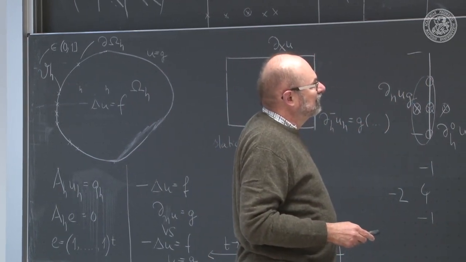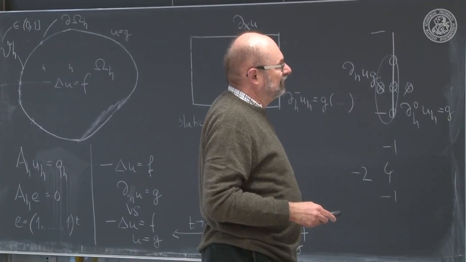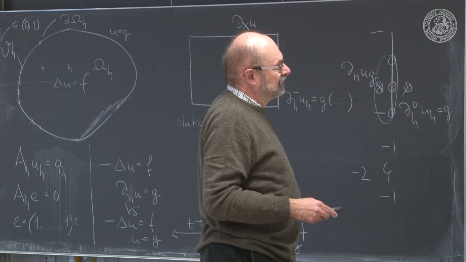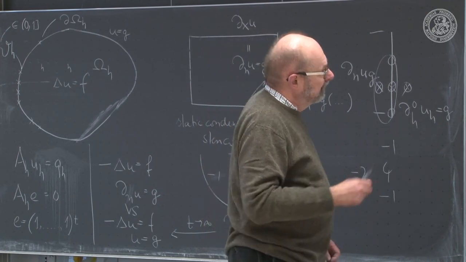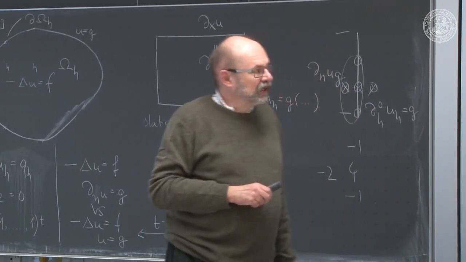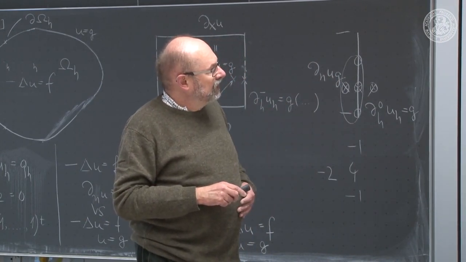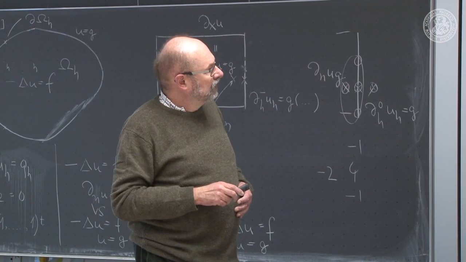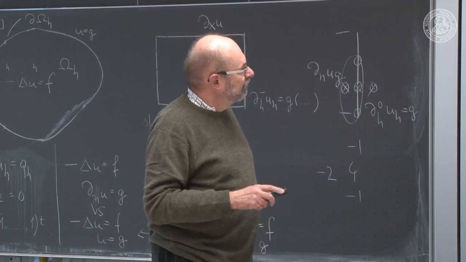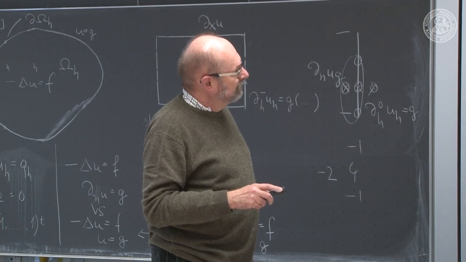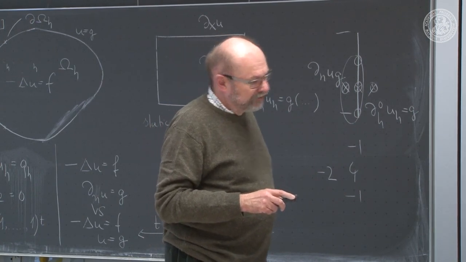And the assertion is then exactly what I stated concerning the strong maximum principle. In this situation, the solution is constant. There is a misprint here, a very strange misprint.